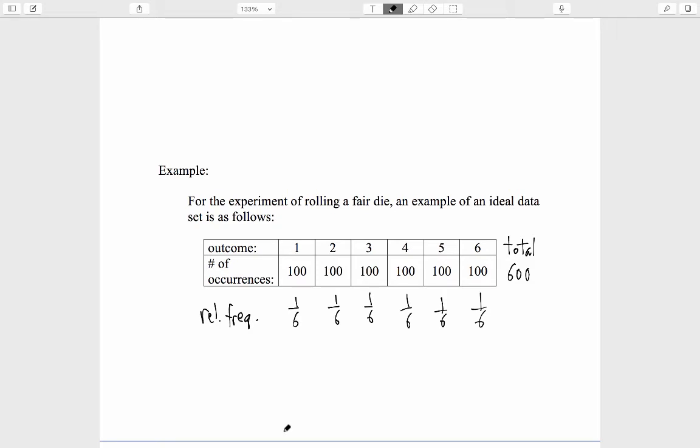I am most emphatically not saying that if you rolled a die 600 times, you would be likely to have this result. No, in fact, if you roll 600 times, it is extremely unlikely that you will get exactly this result. The point of talking about 600 die rolls in which you got exactly 100 of each is that it will make it easier for us to answer certain questions about, and in general to think about, this experiment.